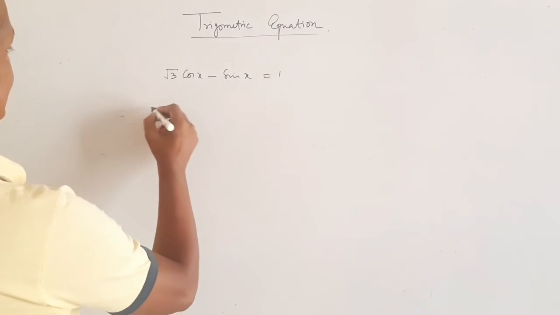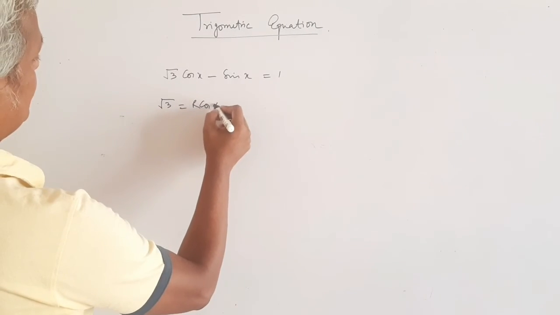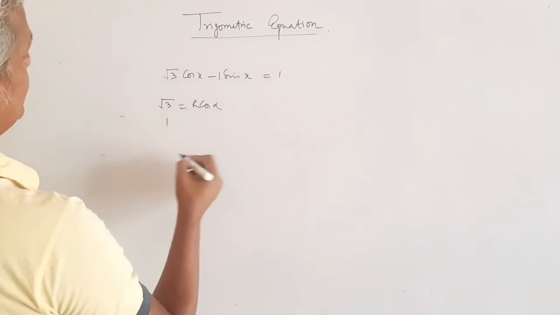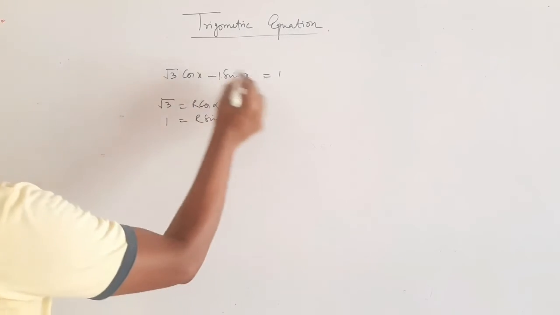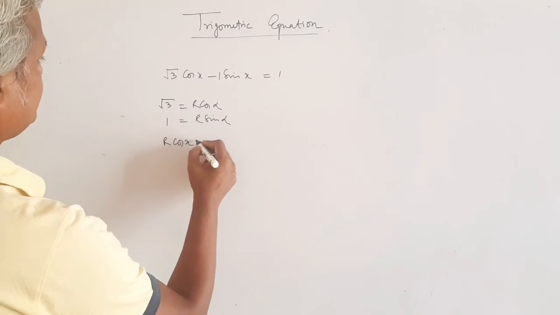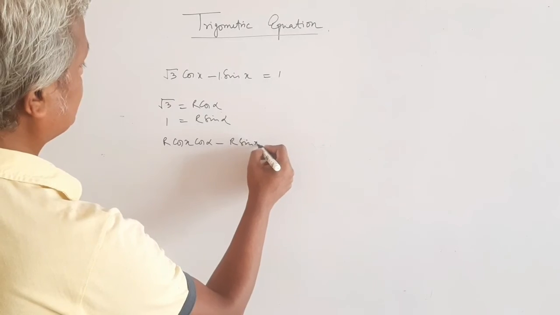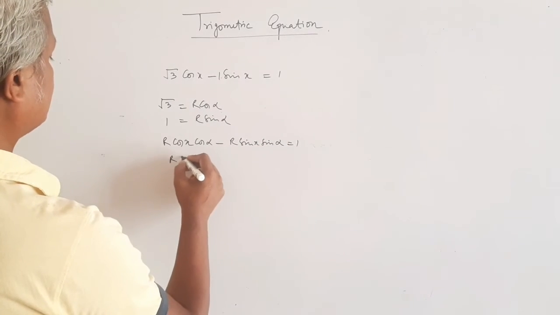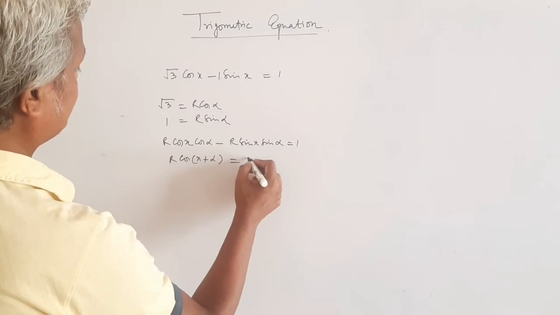As usual, I write root 3 is r cos alpha, and 1 is hidden here, so 1 is r sin alpha. Then this becomes r cos x cos alpha minus r sin x sin alpha is 1. So this is r cos of x plus alpha is 1.